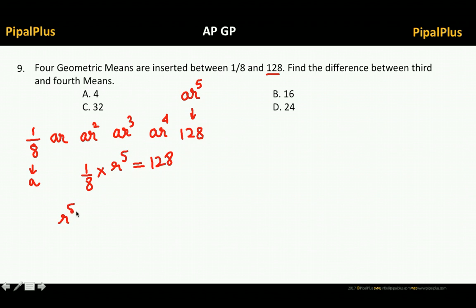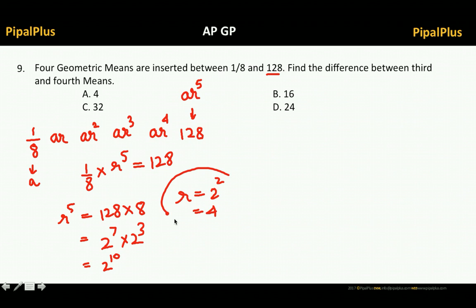So R to the power 5 equals 128 times 8. This is 2 to the power 7, this is 2 to the power 3, this is 2 to the power 10. So R equals 2 square or 4. Okay, so I've found my R.